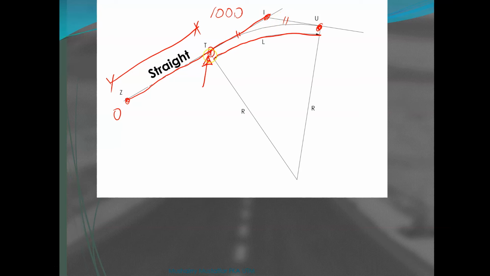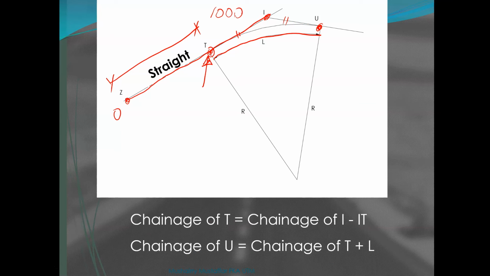No, we're going to do it from T. So we're going to add the length of the curve to get chainage of U. To put it in a summary, chainage of T will be chainage of I minus IT, whereas chainage of U, the end of the curve, the next tangent point, is chainage of T plus L. We're not going to use I anymore because we now have information about the tangent point.